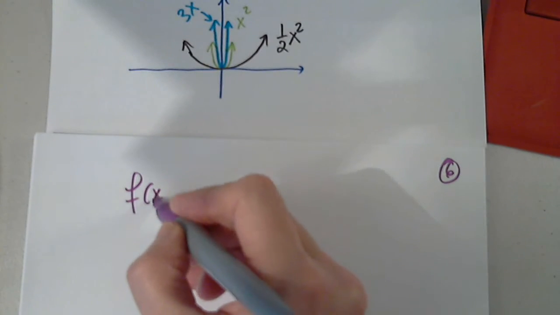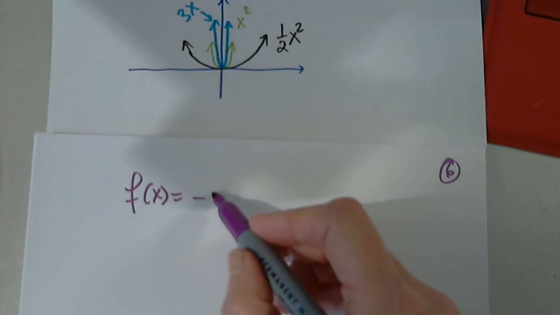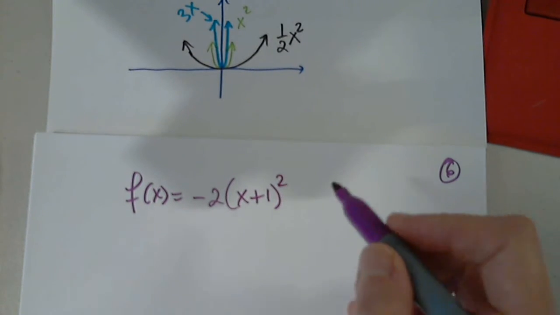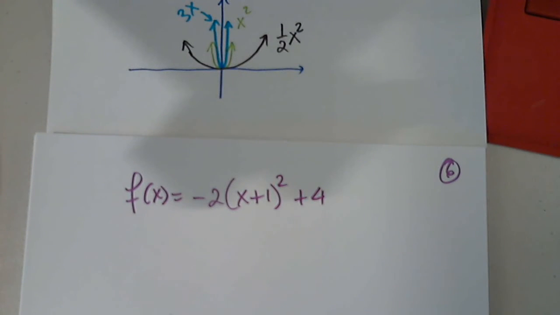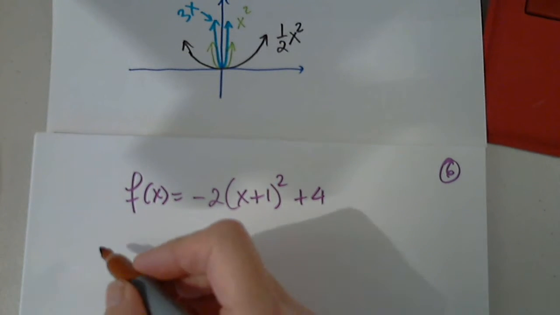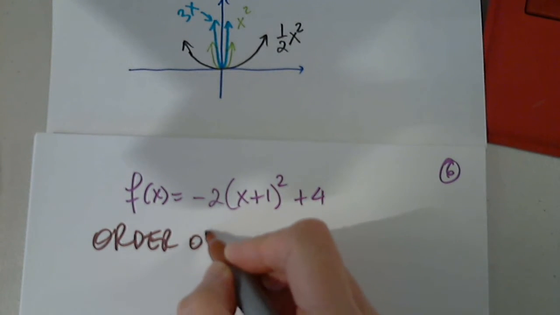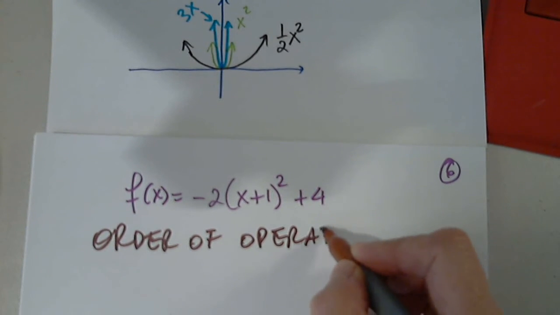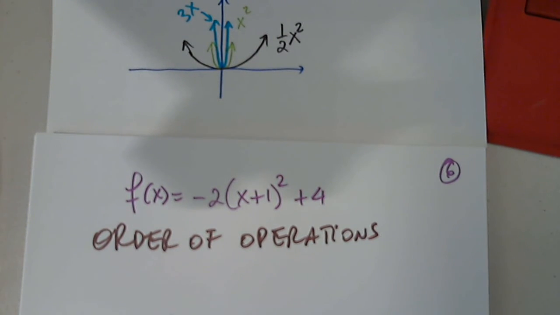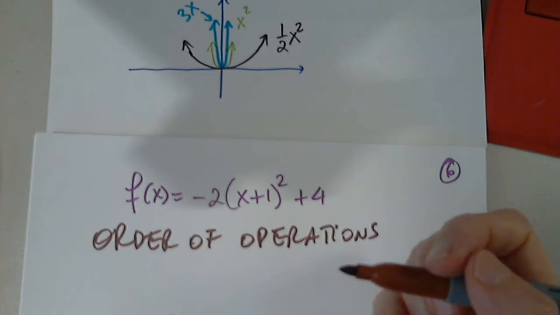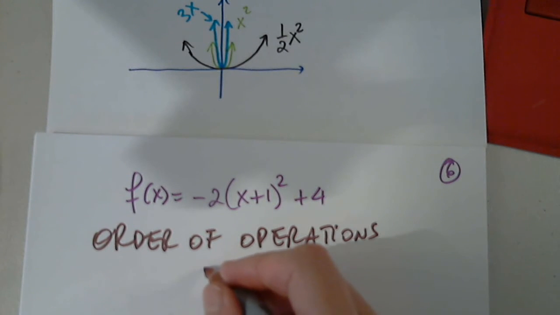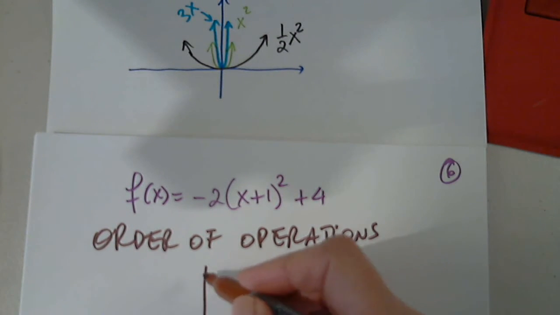So if we look at, let's say, f of x equals -2 times (x plus 1) squared plus 4, the order of operations requires us to graph x squared first.